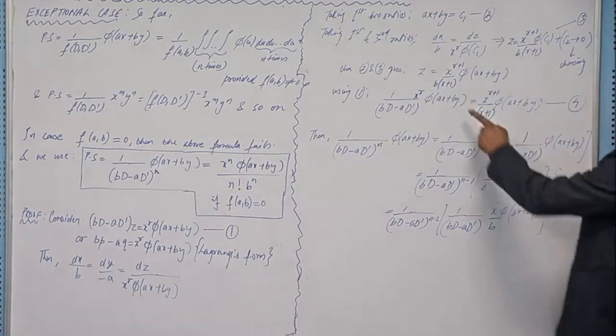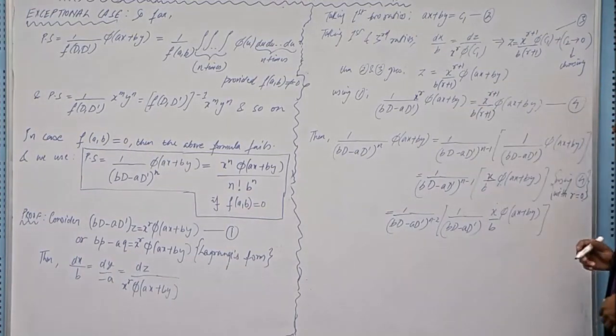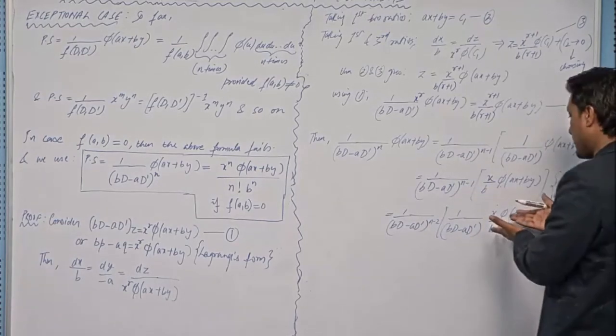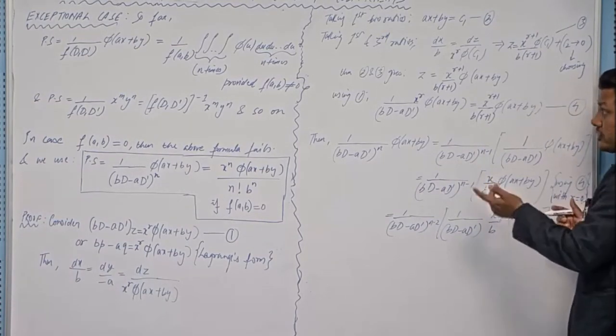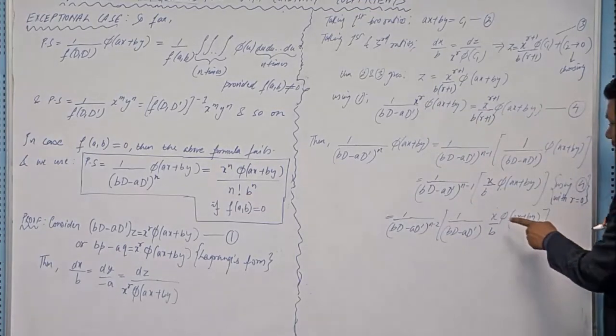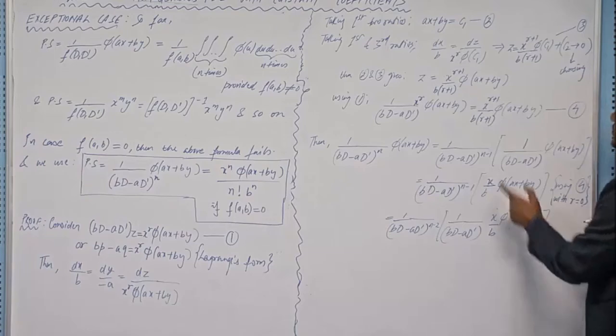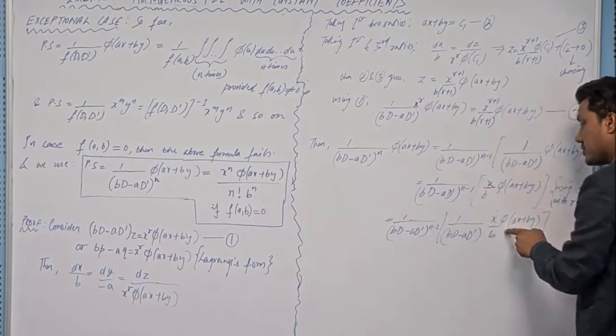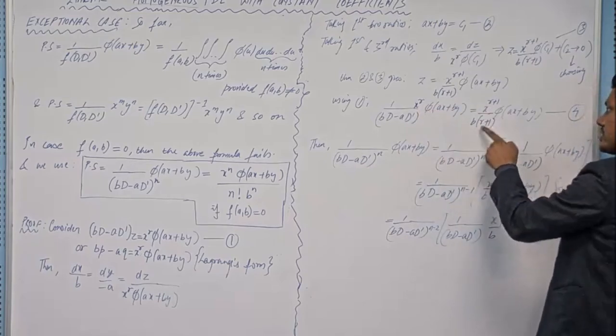Now again use equation number 4. I am having x here, so I wanted to use a formula which has x to the power something. Now here I have x to the power 1, and to use this equation number 4 again and again repeatedly, I will have r equal to 1, and in that case I will have x square by b.